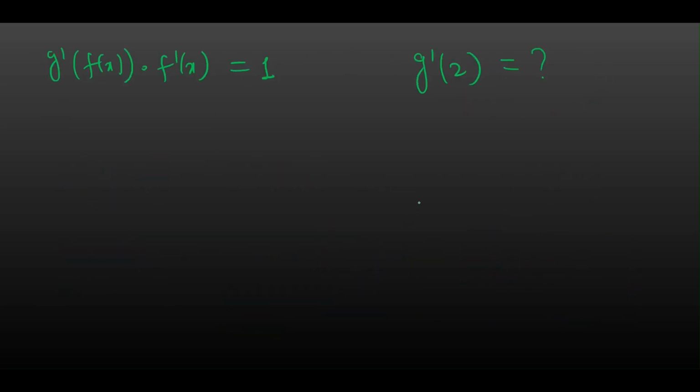How do we find this? To evaluate g dash of 2, we basically want to find the value of x for which the expression f(x) evaluates to 2. If f(x) evaluates to 2, we can very easily get g dash of 2. So let's find how we can find the value of x for which f(x) becomes 2.